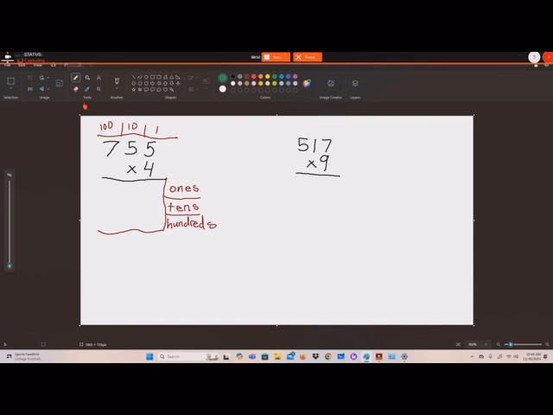It's okay to do the regular algorithm during the test, but when you're practicing, your understanding of the value of each number, of the place value, gets better.